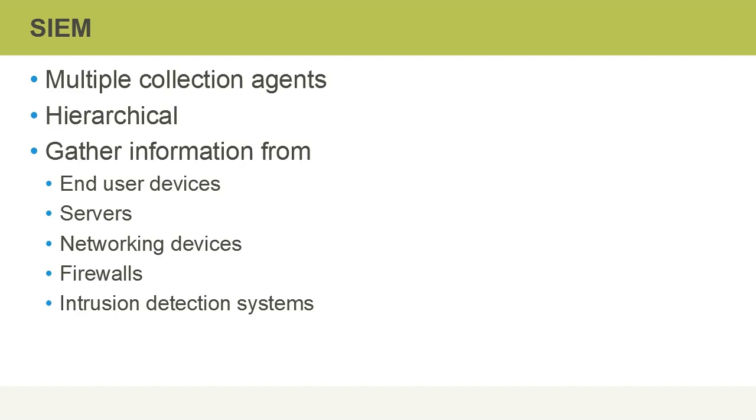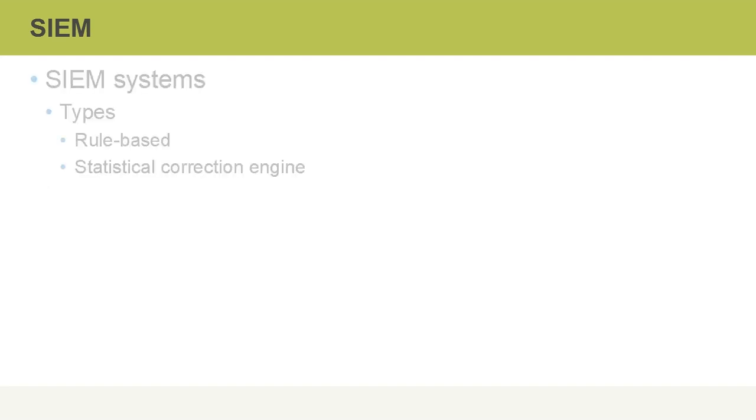Information can also be gathered from servers, various types of network devices like routers and switches, firewalls, and intrusion detection systems. So the idea is we might even have our SIEM system with an agent on a database server that is configured to detect an abuse of privileges within that database application.